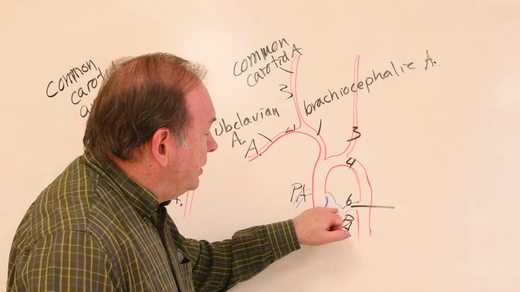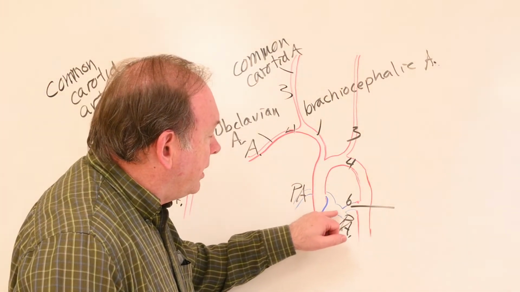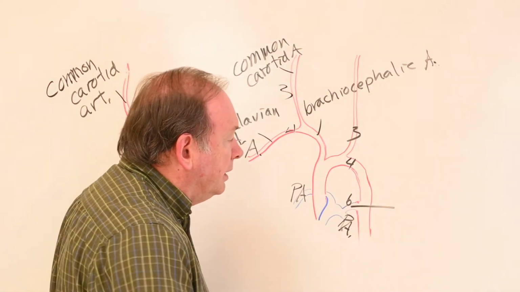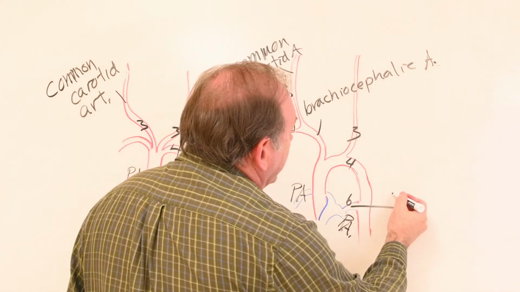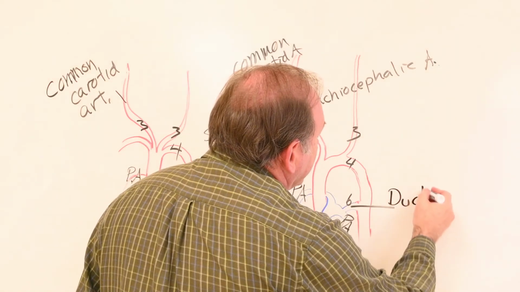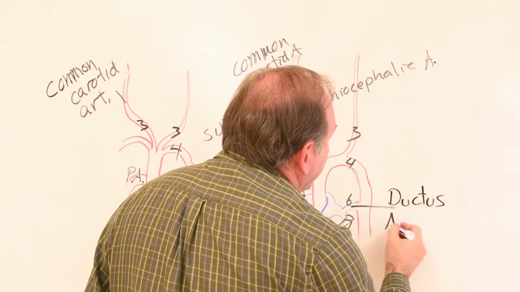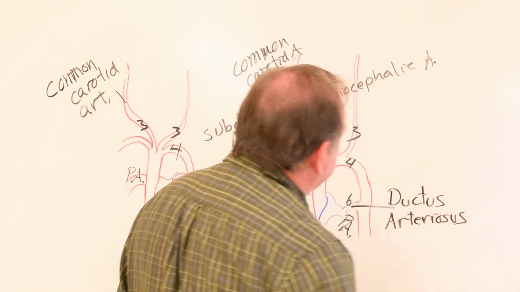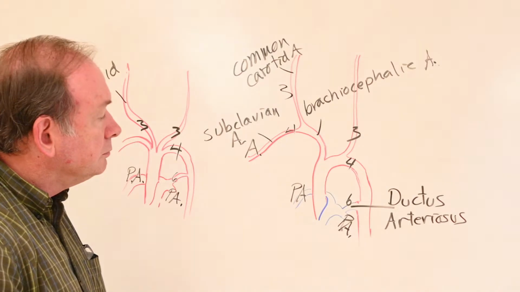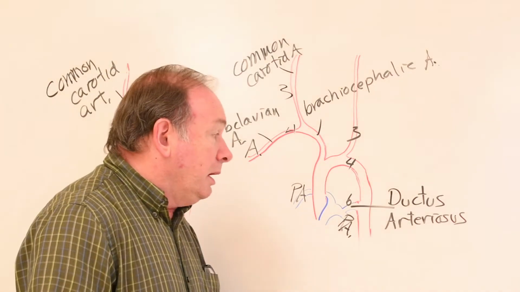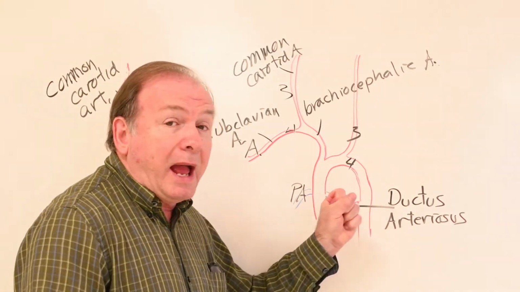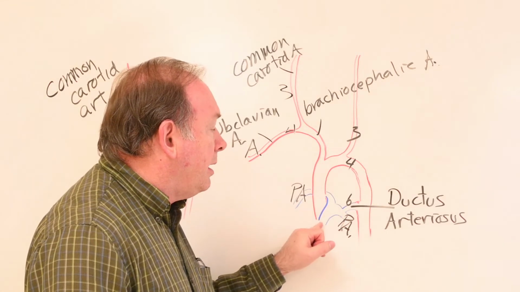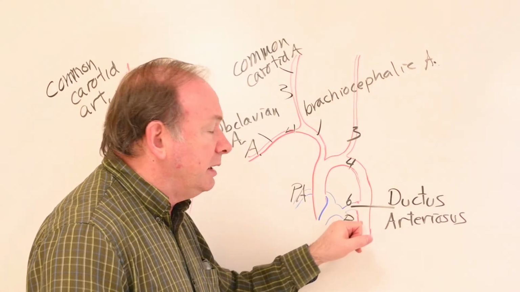This vessel that bridges between the pulmonary artery here and the aorta, the old sixth arch, it's called the ductus arteriosus. After birth, it will collapse and close up and no longer allow pulmonary blood to go directly into the aorta.